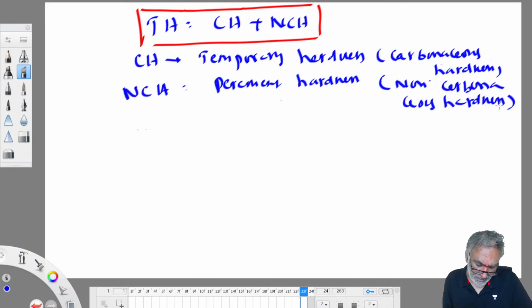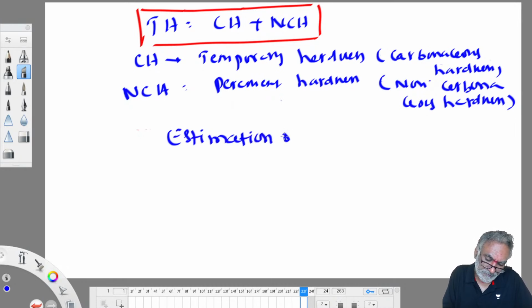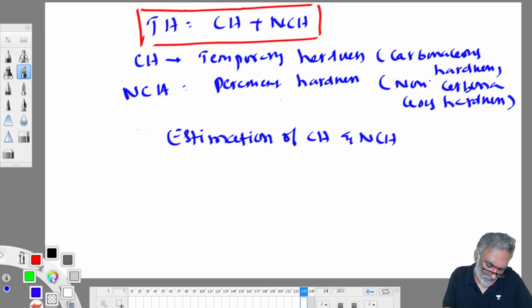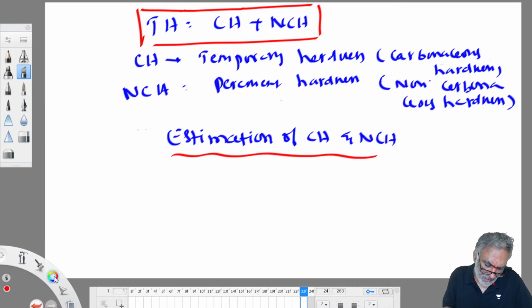So these are the places where you can work. Some numericals on the estimation of CH and NCH are also important. How can you find them? To find out CH and NCH, the base is total hardness and total alkalinity.